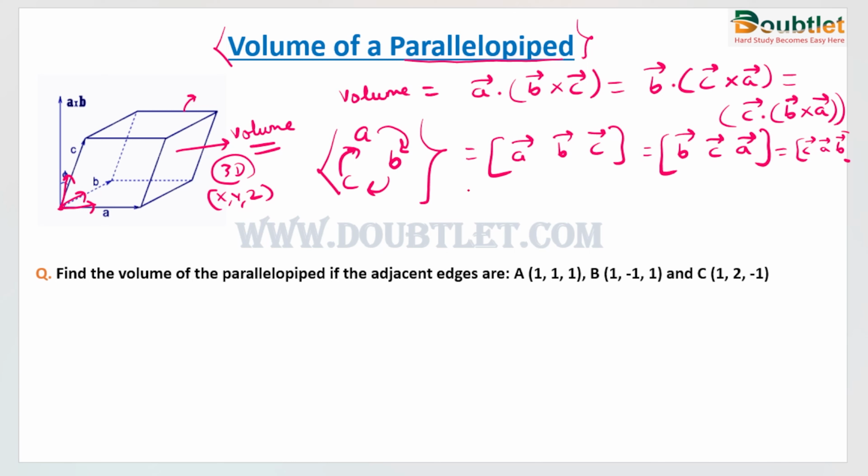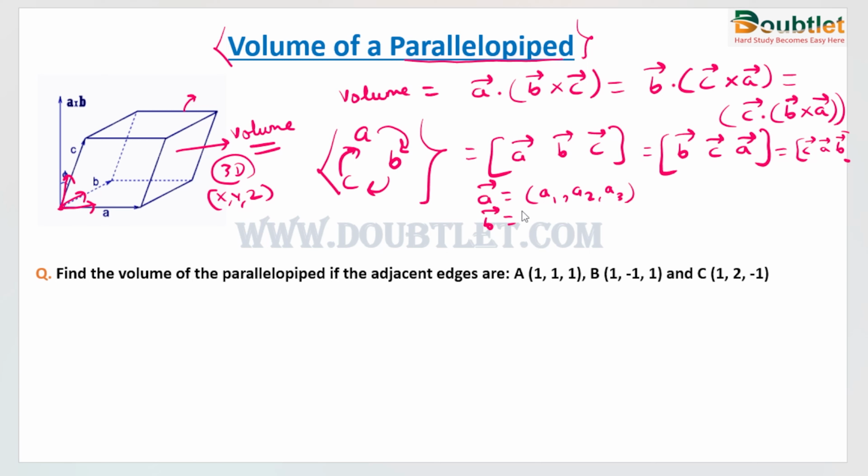And what does the box product mean? Suppose the A vector is given as A1, A2, A3 and the B vector is given as B1, B2, B3 and the C vector is given as C1, C2, C3.